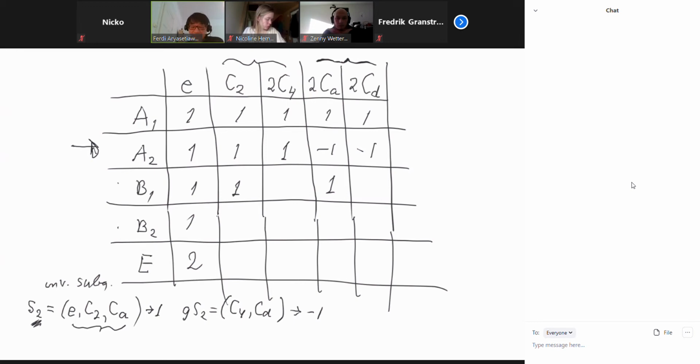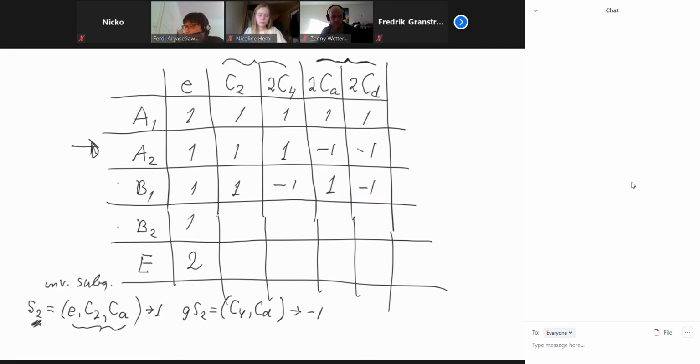So I fill in the elements C2 and CA with 1, and then the C4, CD is -1. So that is -1 and -1. So is that clear, or is there any question about this?